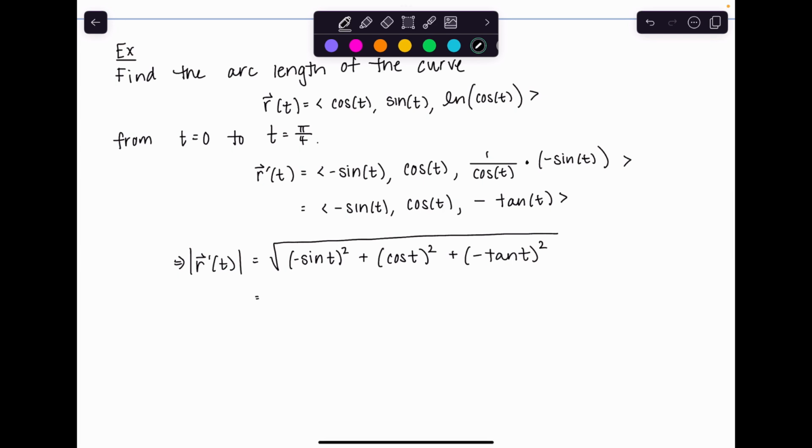Well, all that does is it makes these positive, so this gives us sine squared of t plus cosine squared of t plus tangent squared of t. And again, I'm going to have to integrate this, so I'm hoping that things simplify. And at least right here, sine squared plus cosine squared of the same argument is 1.